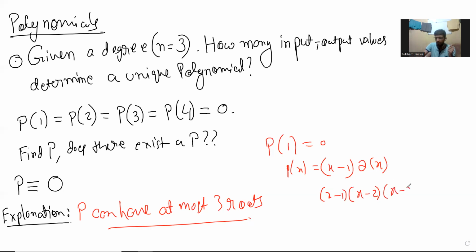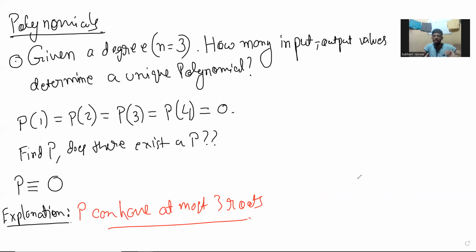But then P cannot vanish at 4. Yeah, so that's a standard proof that you cannot have 4. Now, I'm not saying that it will have 3 solutions. I'm saying it will have at most 3 solutions. Some 3-degree polynomials may not have 3 solutions. You guys agree, right? That's an important point.